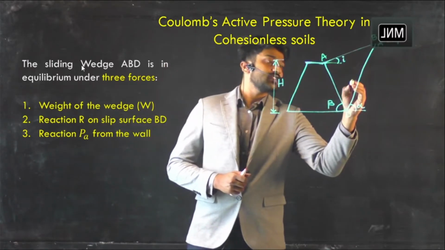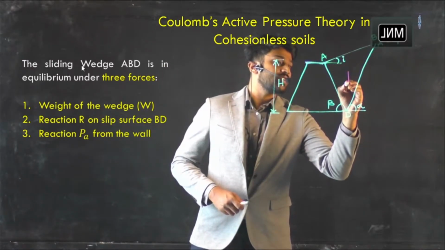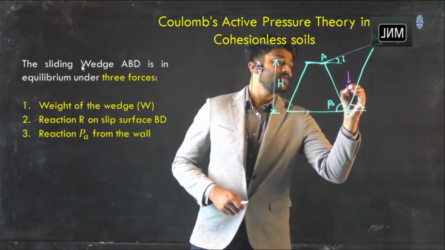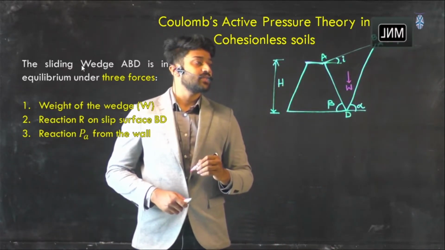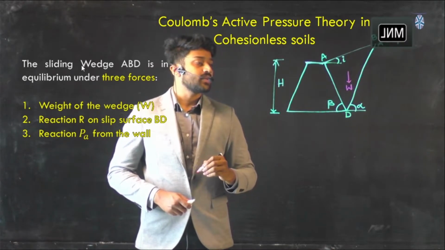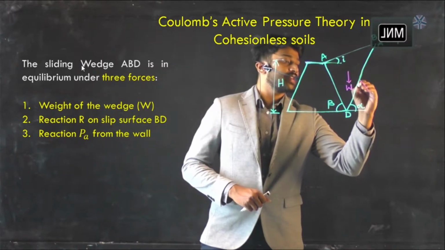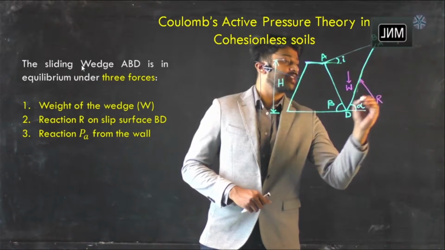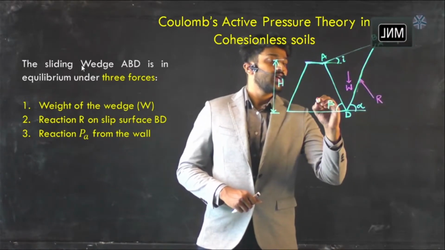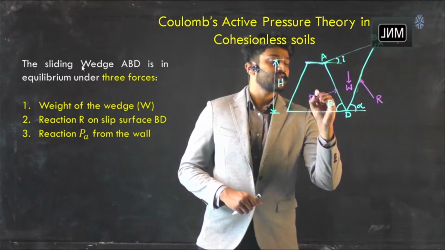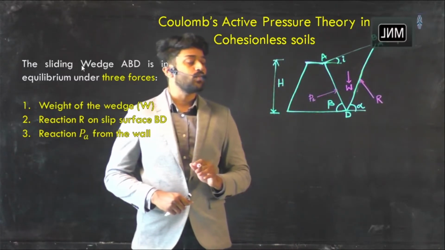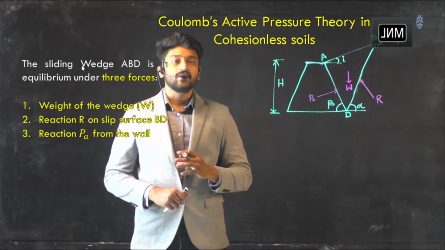The first is the weight of the wedge, W, acting in the downward direction. Let R be the reaction acting on the slip surface, and let PA be the pressure acting on the retaining wall, which is resisting the entire wedge.